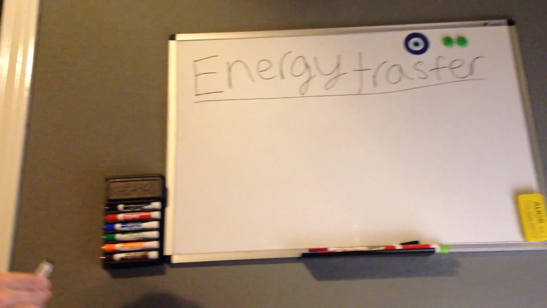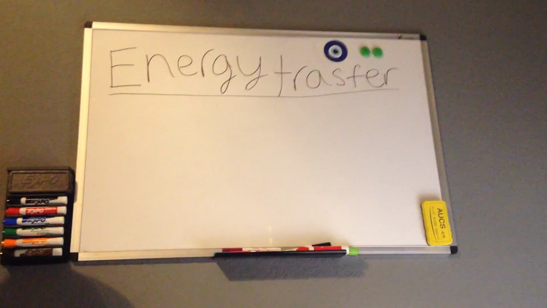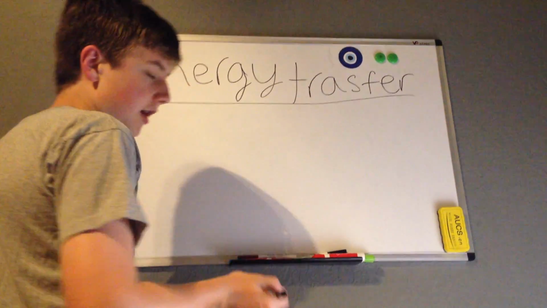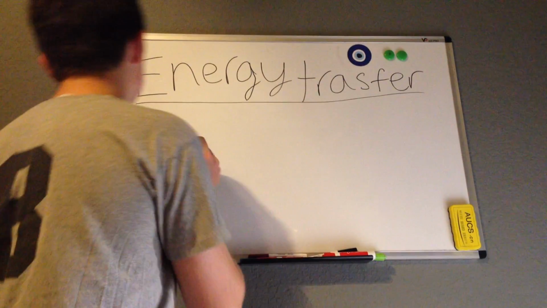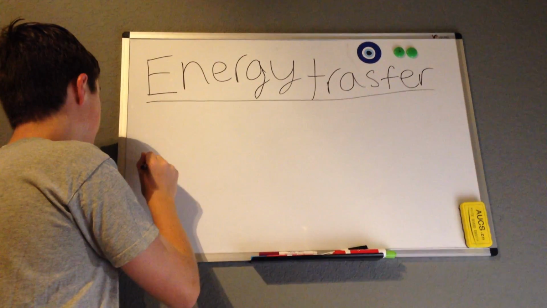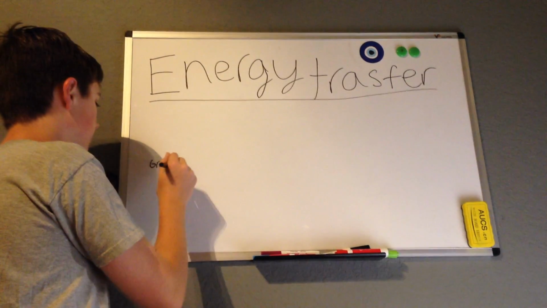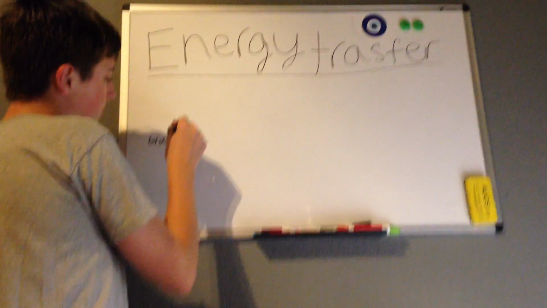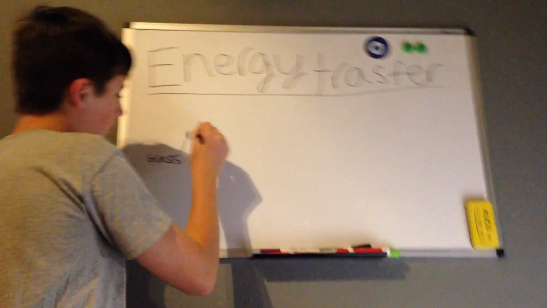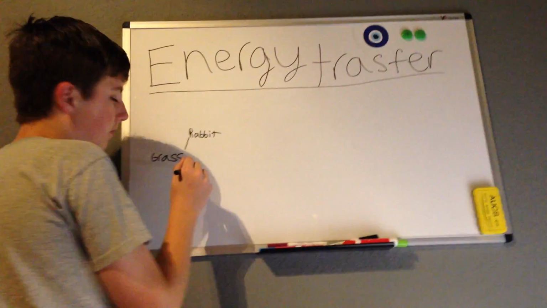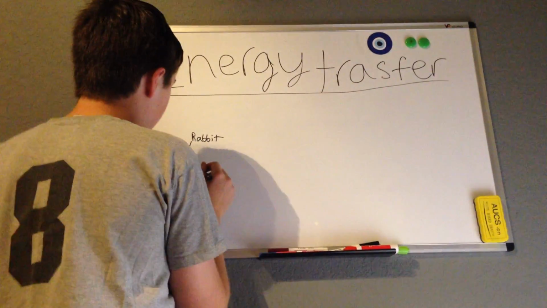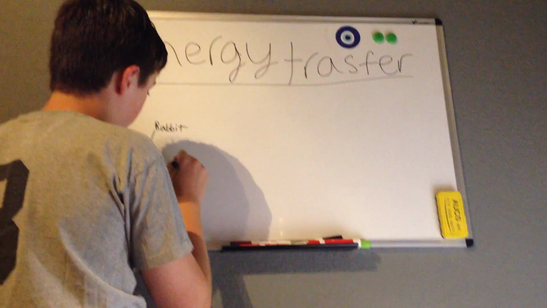The next way to visualize energy transfers, along with the levels of organization, is through a food web. So the food web always starts with a producer. In our case, it'll be grass. The grass is eaten by rabbit and grasshoppers.